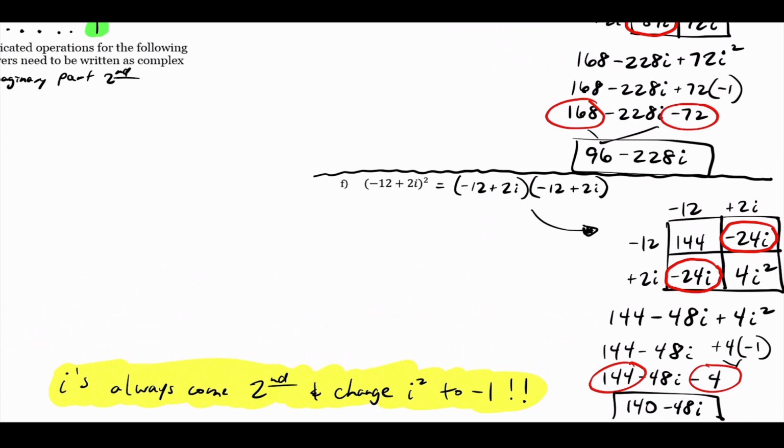Remember those two things. Those are the things that sometimes you forget.